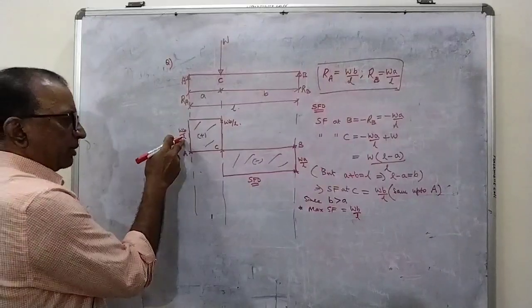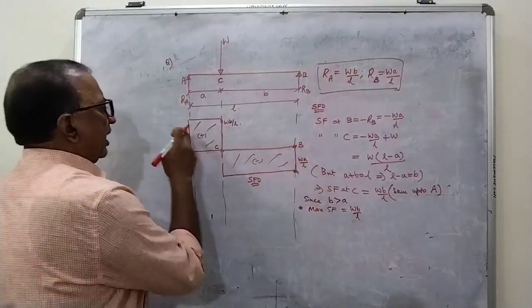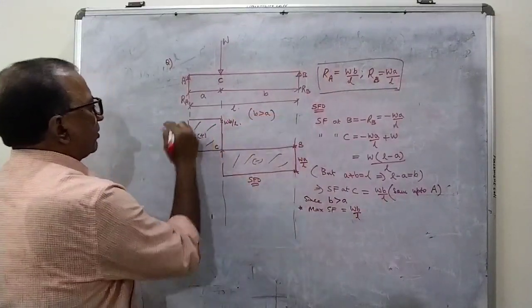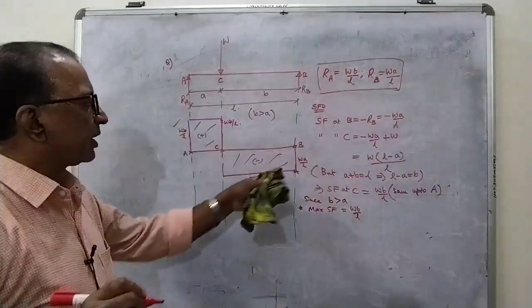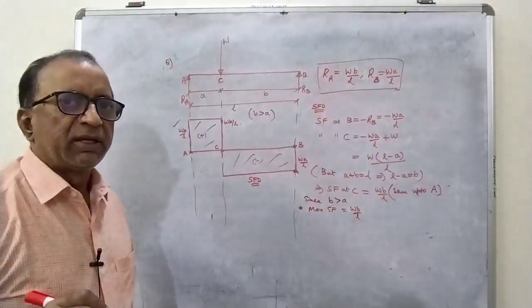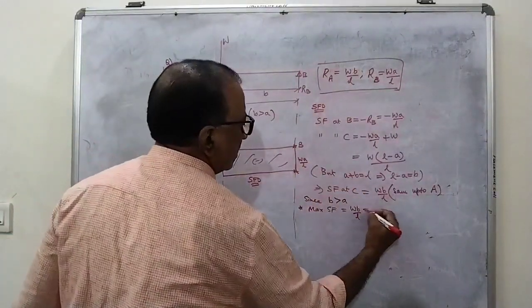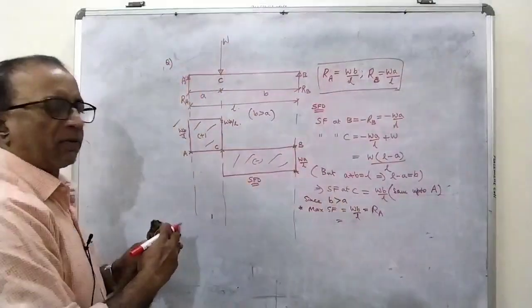Either it should be WB by L or WA by L. But if you compare A and B here, your B is greater than A. So automatically your support reaction at A will be higher when compared to the support reaction at B. That's why your maximum shear force is nothing but the support reaction, which is equal to RA. So this is the maximum shear force.